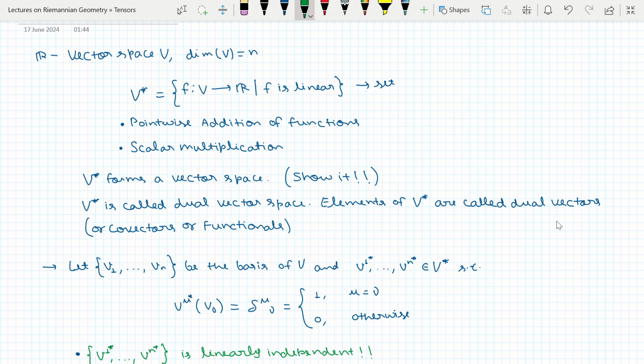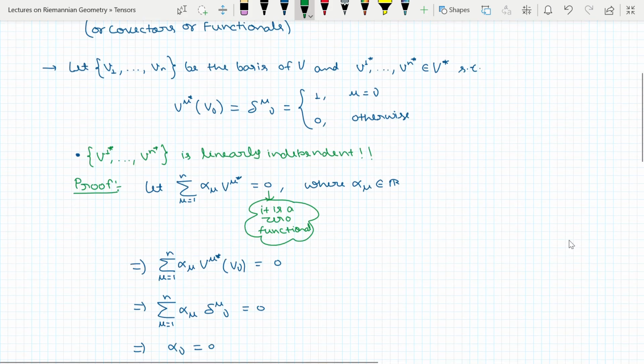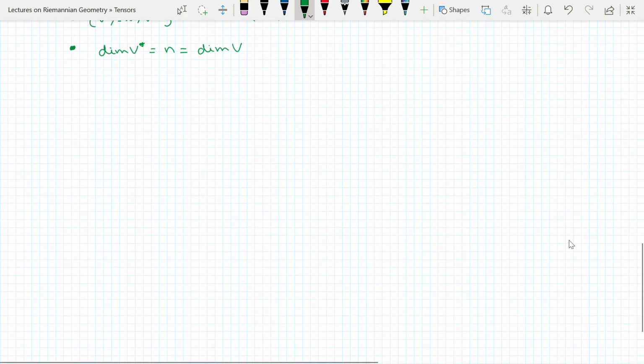So earlier I started with the vector space V, but now, since V star is also a vector space, I am going to start with V star itself. Because V star is also a vector space, I can make the dual space of this V star.